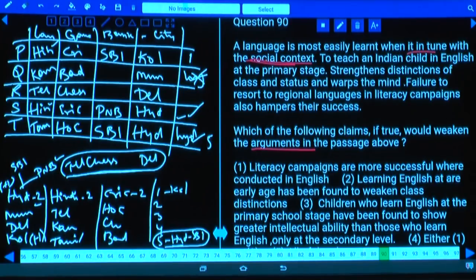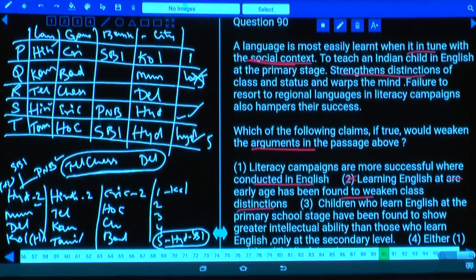Then literacy campaigns are more successful where conducted in English. And here, learning English at an early stage has been found to weaken class distinctions. Does it weaken class distinctions or increase class distinctions? It strengthens distinctions. It is not weakening. That's also ruled out.